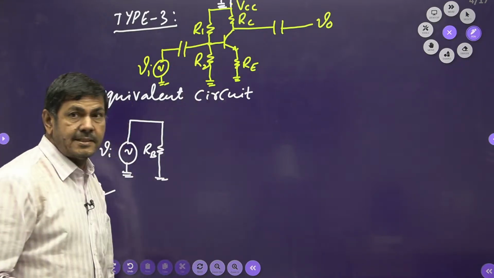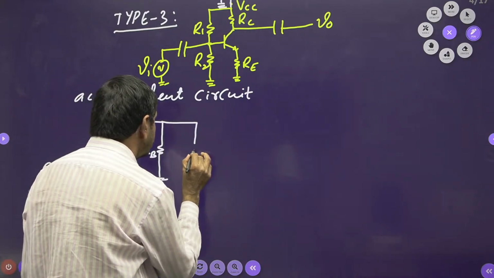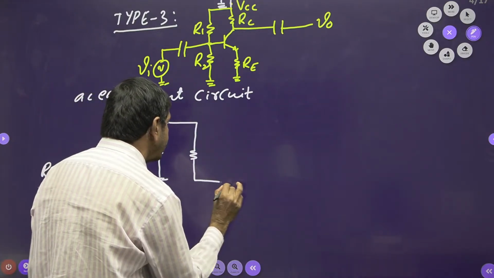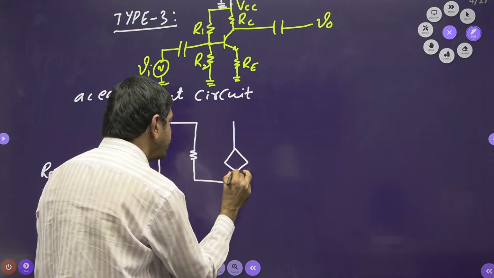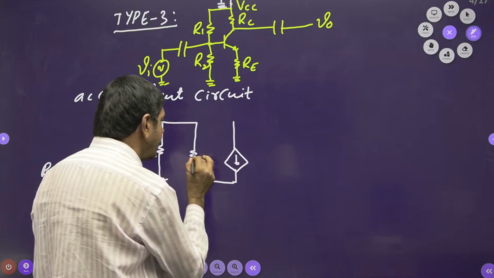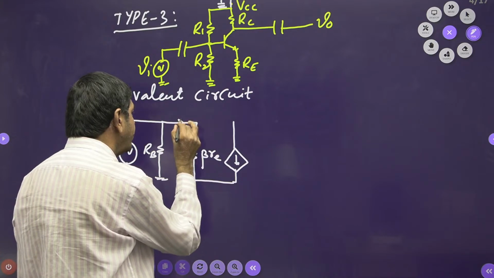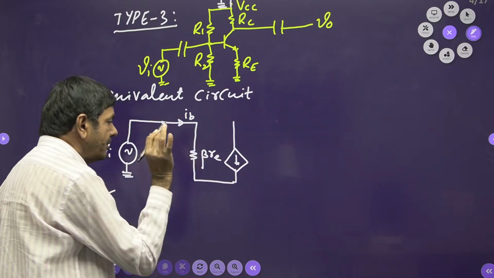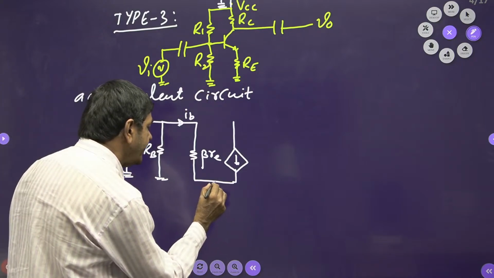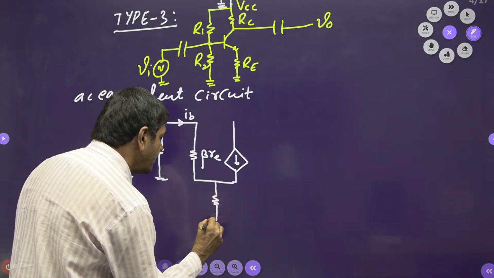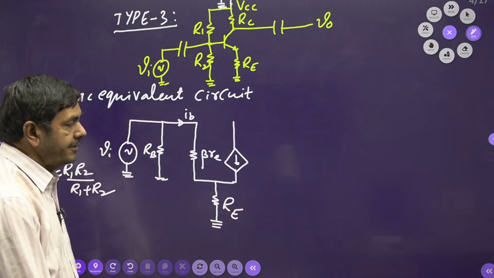There is a transistor. The equivalent circuit for the transistor we can plot in this way. There is a resistor with a current source. That resistance I gave as beta into RE. This is IB, and this current is also the same IB. The emitter is connected to RE.